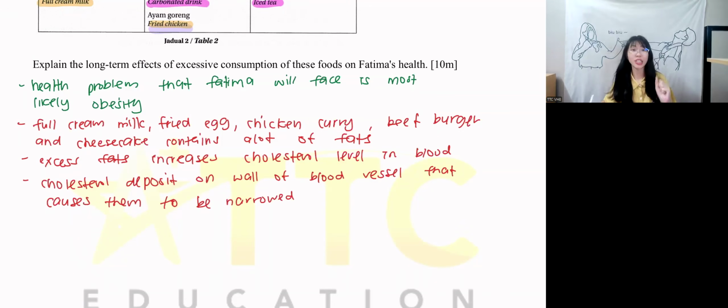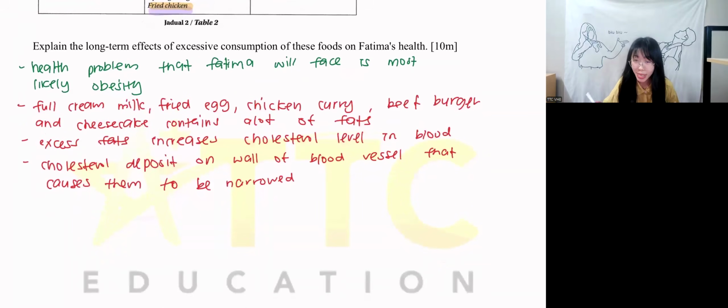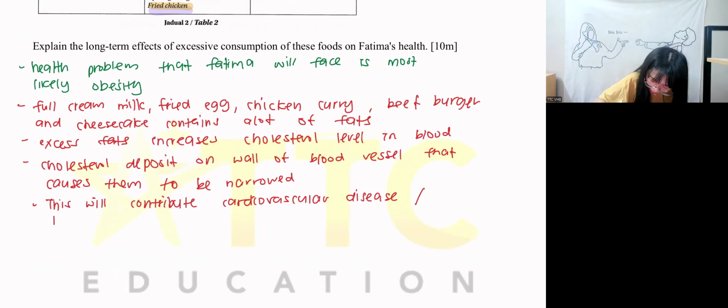Means the blood vessel is smaller. When the blood vessel is smaller, means chances of getting heart attack is higher. This will contribute to cardiovascular disease, or you can say hypertension.